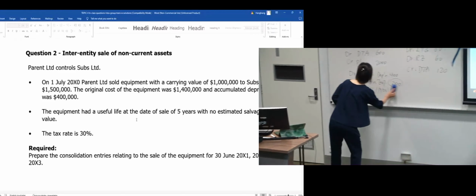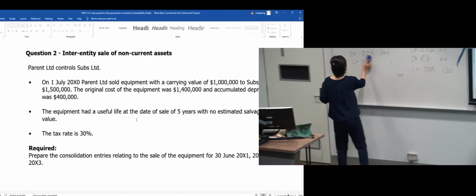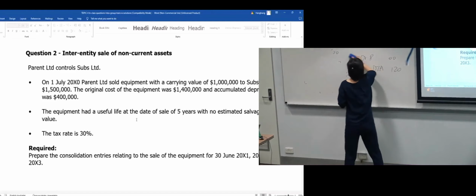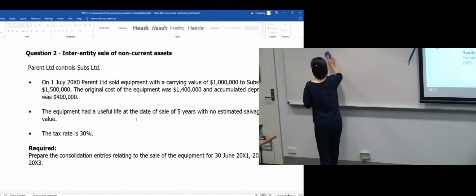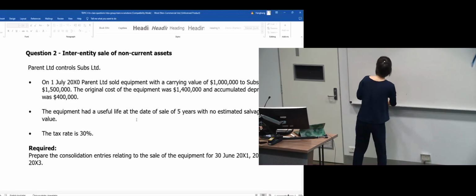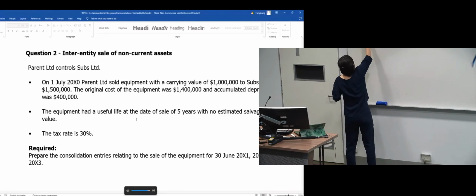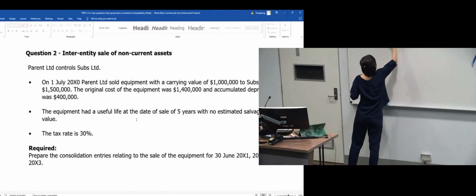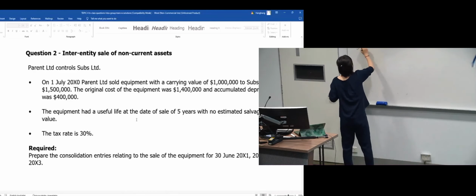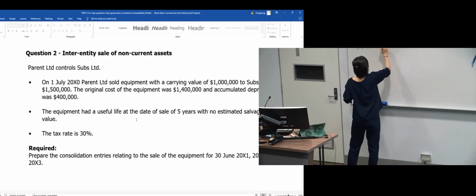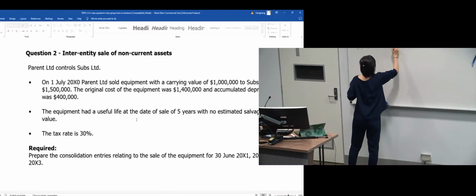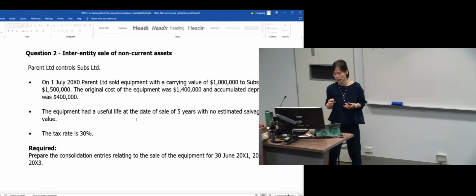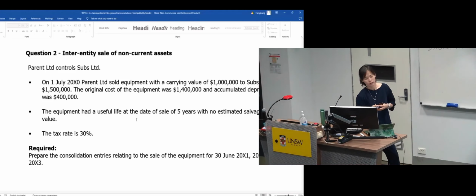So think about what the parent's record of this transaction is. Parent debits cash, credits sales revenue. Parent debits cash of 1.5 million, because that is the sales proceeds received from the transaction.